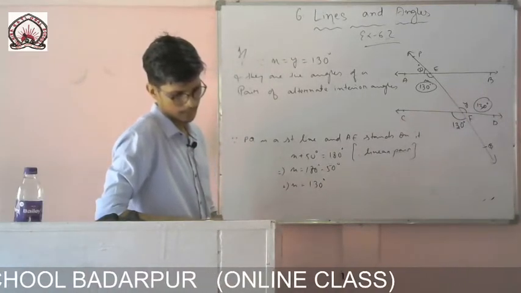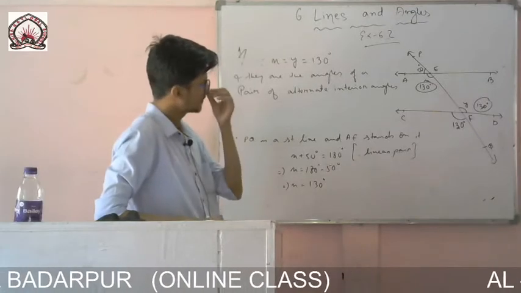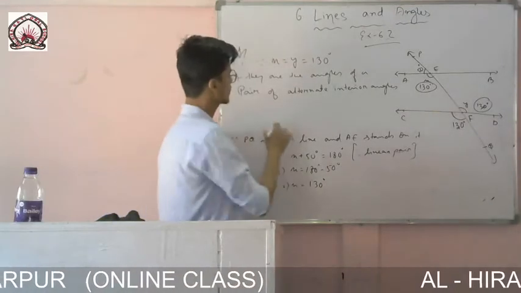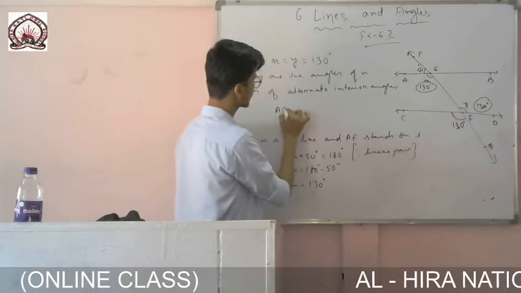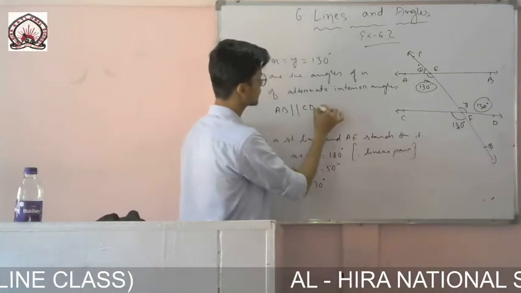And they are the angles of a pair of alternate interior angles. Since they are the pair of alternate interior angles, so I can say that AB is parallel to CD.